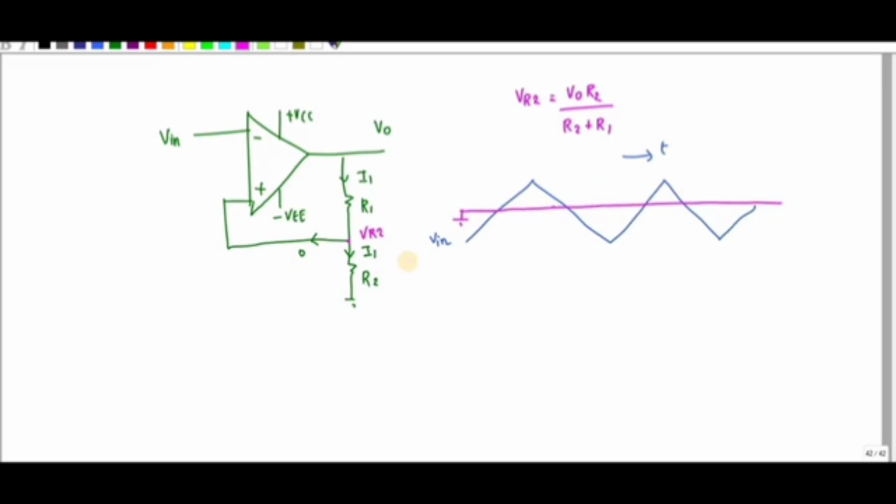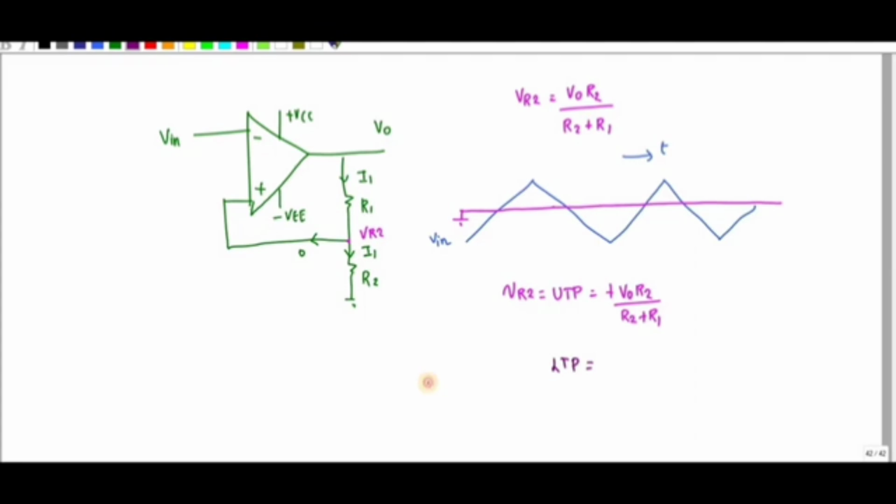This is nothing but your zero detector. Since I have used a Schmitt trigger, I can write the VR2 value as UTP, the upper threshold point, that is plus V0 of R2 divided by R2 plus R1. And another I can write as LTP, the lower threshold point.